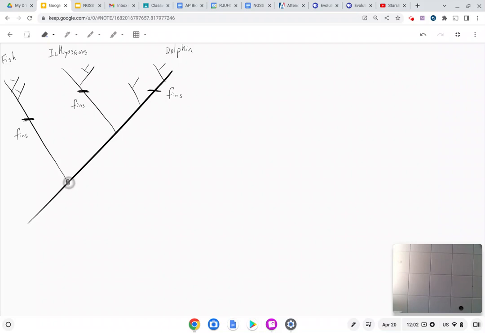And then down here, we would have what we would call a very distant common ancestor, and I don't even know what that would be. What would be the most recent common ancestor to reptiles, mammals, and fish? Probably be a gnathostome.